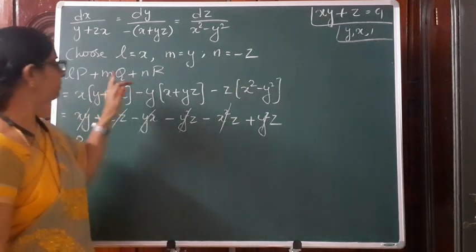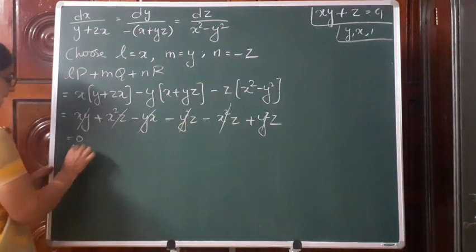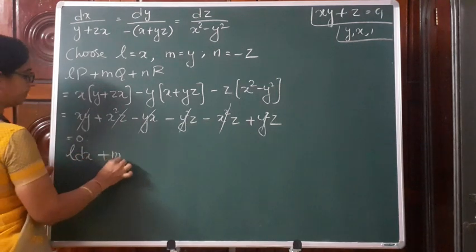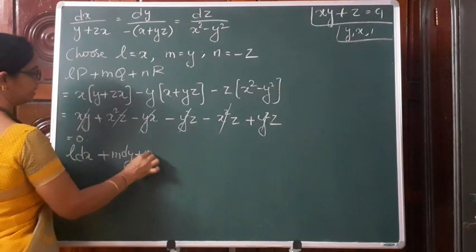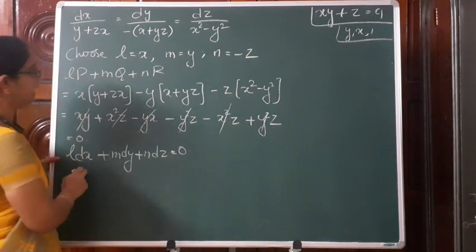Therefore LP plus MQ plus NR is 0, so that we get L dx plus M dy plus N dz is equal to 0.